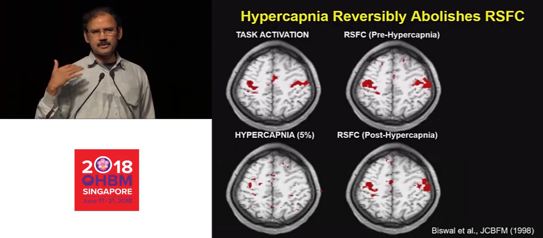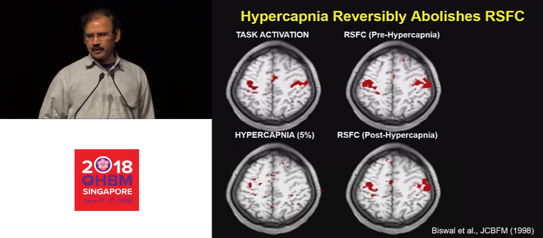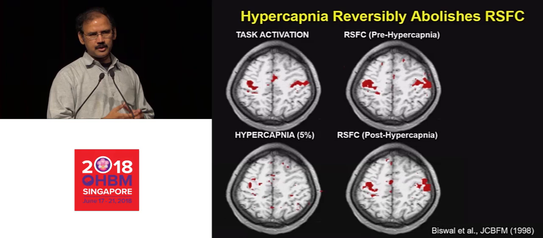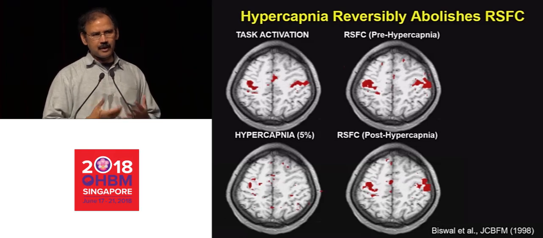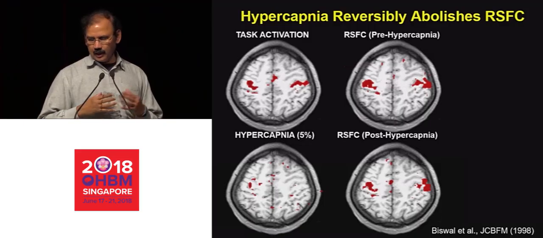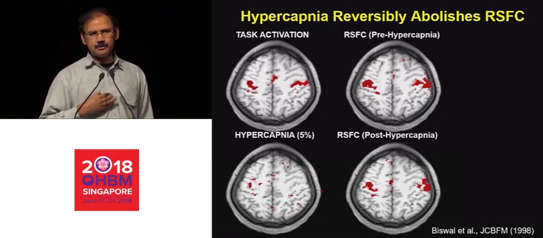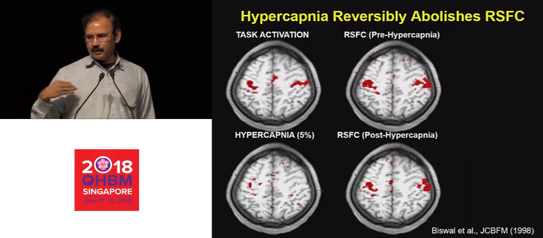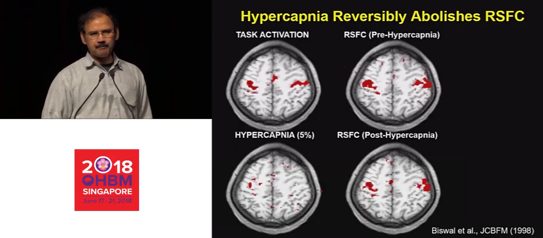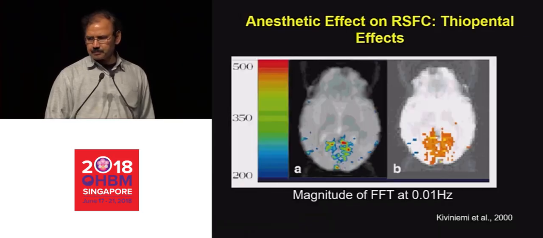But when you had the subject breathe CO2 for several minutes, these fluctuations were diminished, and the resting state functional connectivity was severely diminished also. After the subject breathed room air, when we collected resting state, we could again recover these fluctuations, suggesting that the signal that we see during rest has some biophysical meaning.